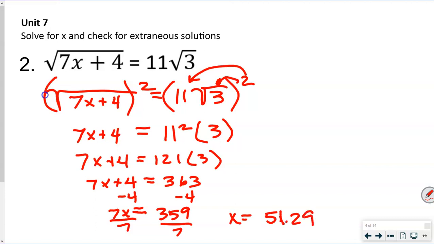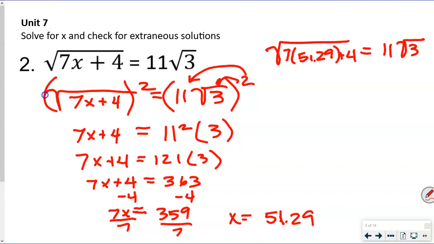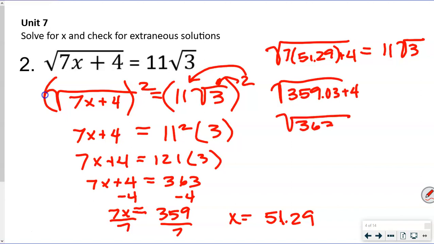And once again, I'm going to plug it back in there. So I'm going to do 7 times 51.29 plus 4, and does that equal 11 square root of 3? So here again, this is going to be the square root of 3, what did I get? 363, and it's 0.03, but we're going to round it to just a whole number, so that's going to end up being the square root of 363 is equal to 11 square root of 3.